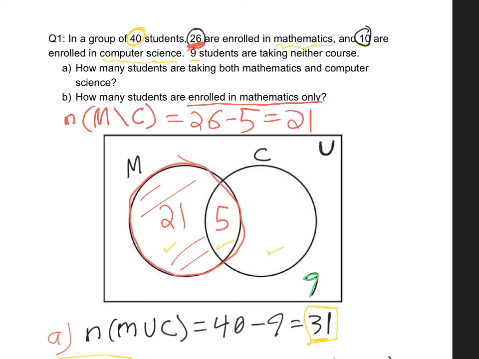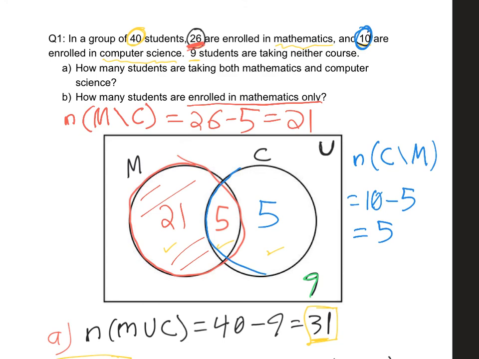Although it was not asked in this question, we could also find the number of students who are only enrolled in computer science. The notation would look like this, and it would be the 10 students who are enrolled in computer science, subtract the 5 students who are in both sets, and that would give us an answer of 5. And this is also a good way for us to now check the solution.